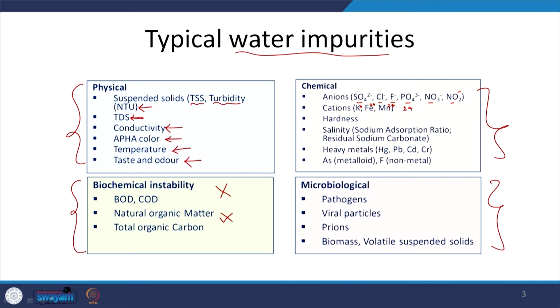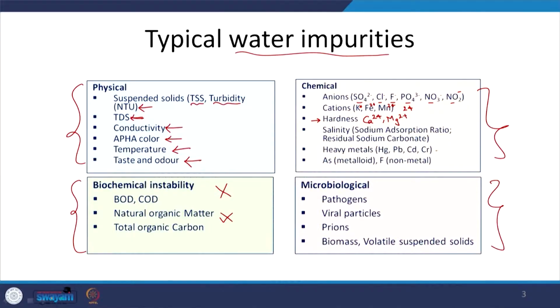And then hardness, because if the water is too hard, meaning I have too high a concentration of calcium or magnesium, the bivalent cations, that will not let my surfactant or soap form the relevant lather, right, and I will have issues whenever I am trying to clean my utensils or clean myself or the clothes, and also it can lead to scaling of the relevant pipes or utensils and such. So, that is an issue.